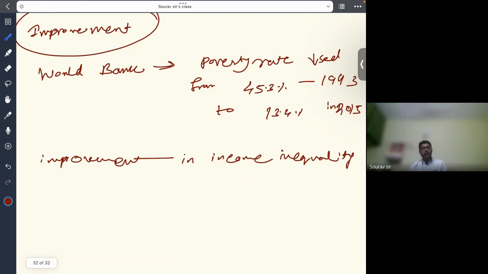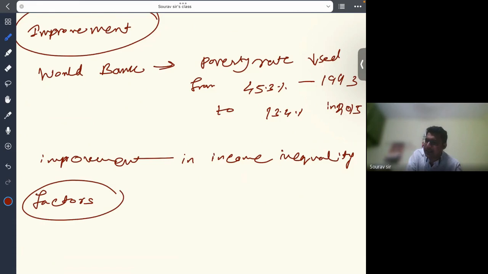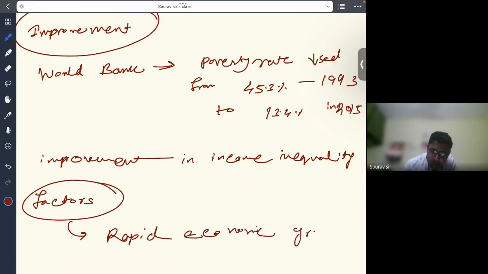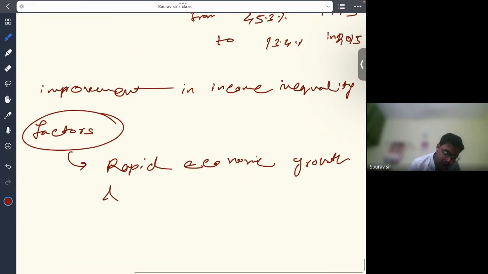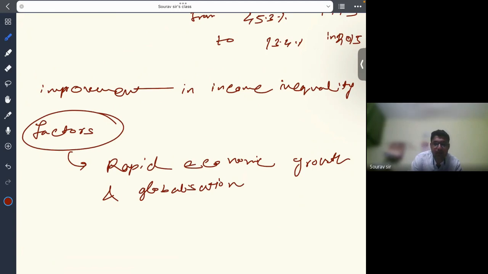There are several factors that may have contributed to the trend in consumption inequality in India since the early 1990s. One responsible factor is rapid economic growth and globalization, which may have contributed to inequality as some groups benefited more than others.